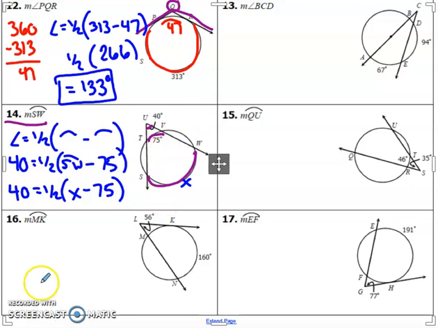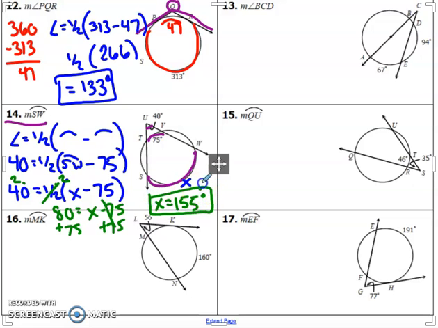Similar to the part 1 video, first you got to get rid of a half. Opposite of a half is to multiply by 2 on both sides. So 40 times 2, you would get 80 is equal to X, take away 75. I'm going to add 75 to both sides to get X is equal to 155 degrees. And that X value is our SW value.